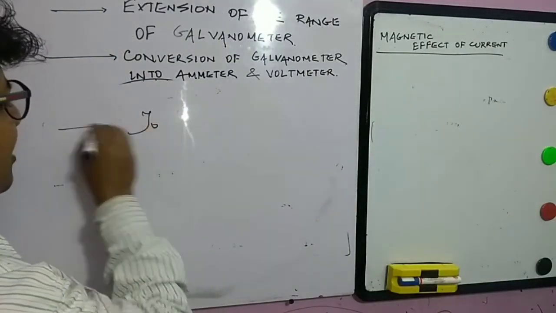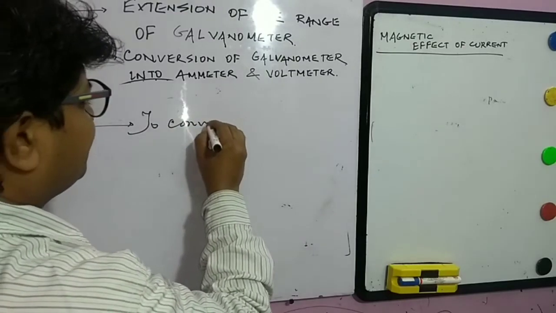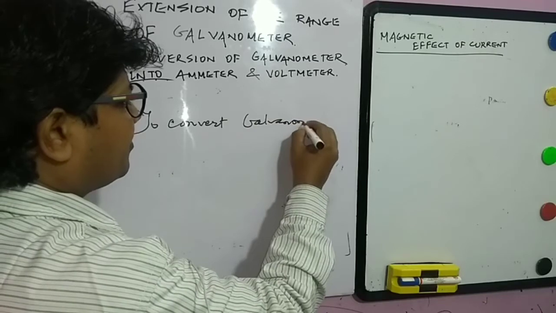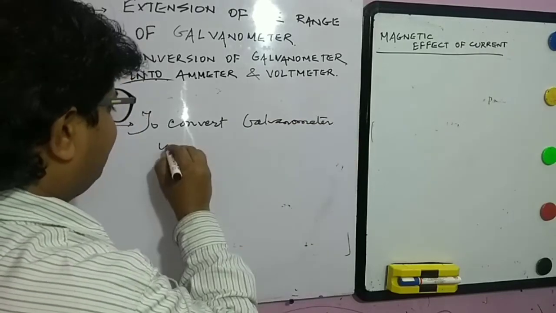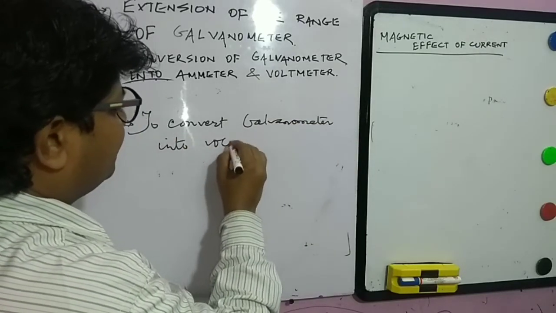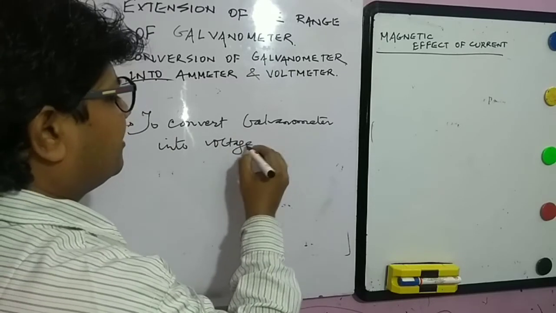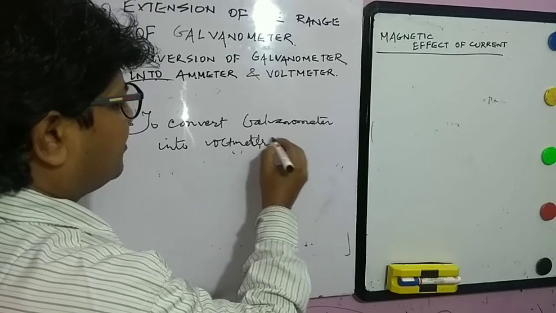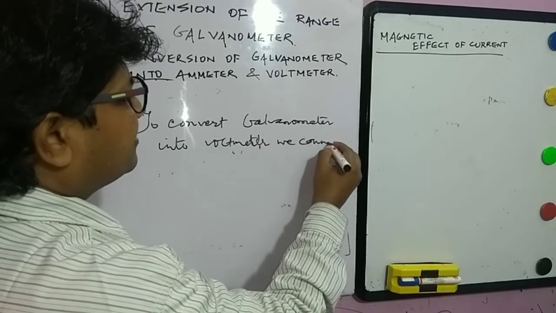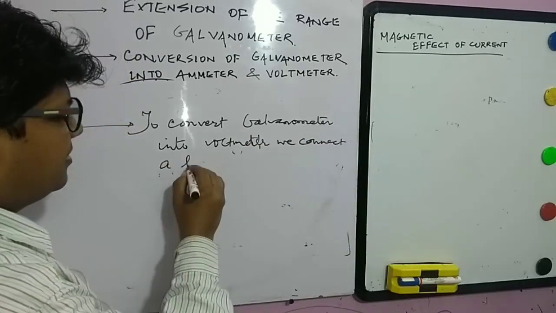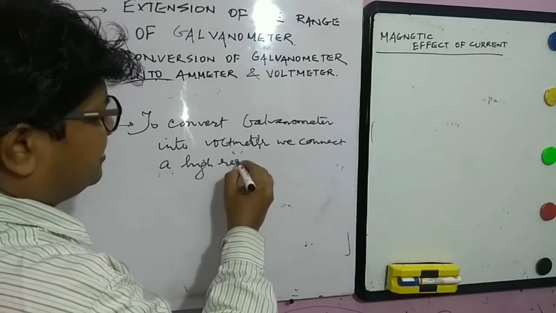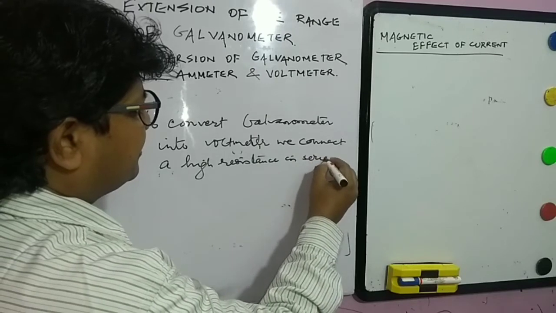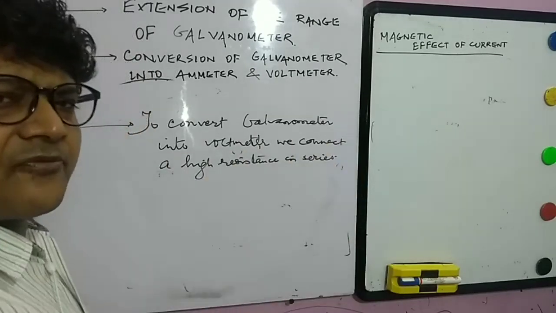To convert a galvanometer into a voltmeter, we connect a high resistance in series. That's it. So this is the difference.